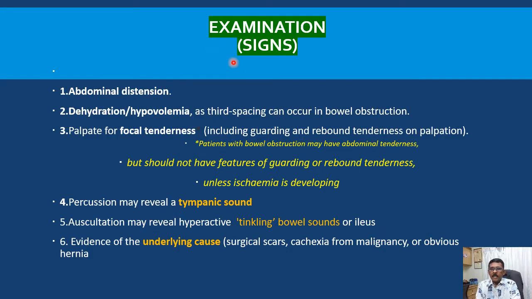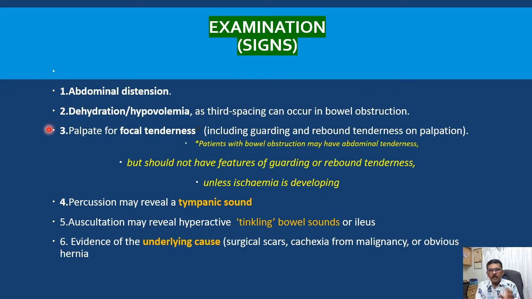What are the signs that you find on examination? First, you have abdominal distension. The abdomen becomes diffusely distended. You may see some peristalsis or distended small intestinal loops, especially in patients who are thin and wasted.